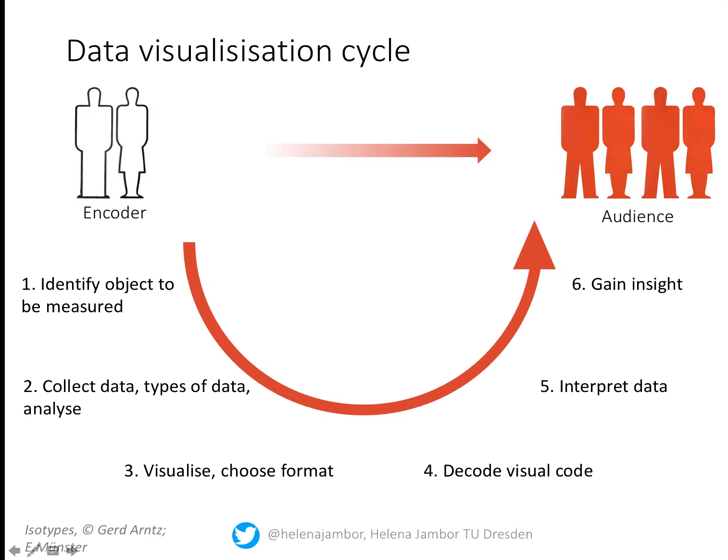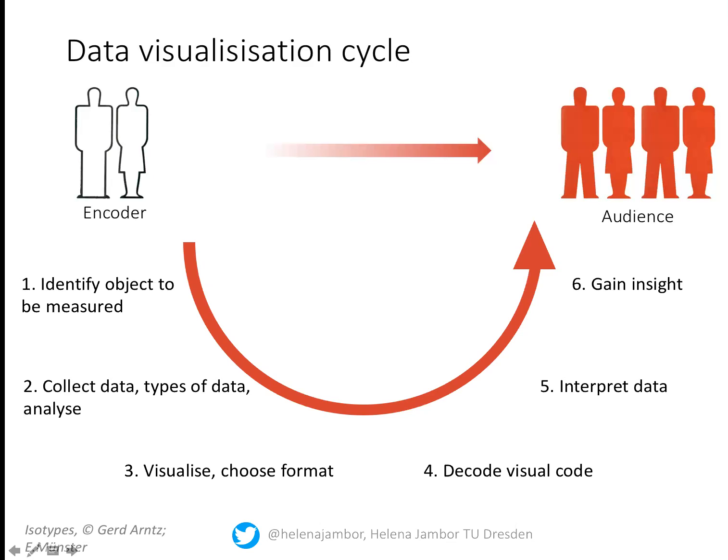The next step, after the data collection and analysis, is that you choose the visual format. And this is where often the process ends. You just choose a format that is typically used in visualizations from maybe your colleagues, and you just hope that it's understandable. However, take into account that there are 3 more steps.